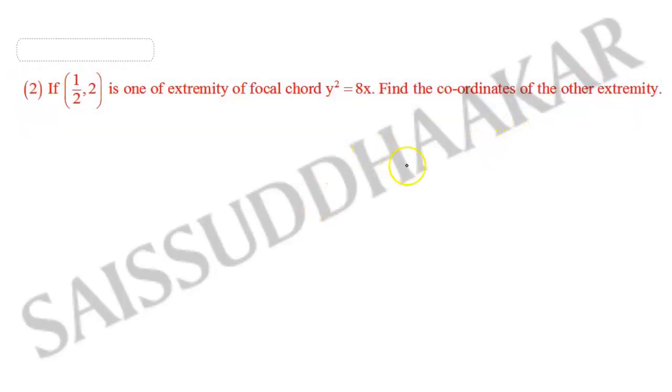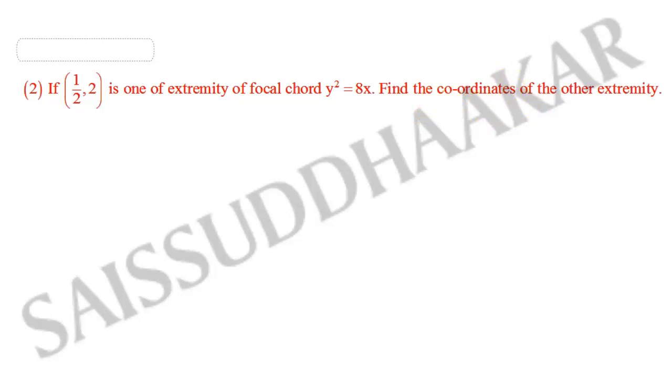Question number 2. If (1 by 2, 2) is one extremity of a focal chord of y square is equal to 8x, find the coordinates of the other extremity.